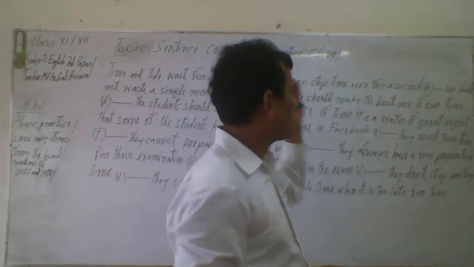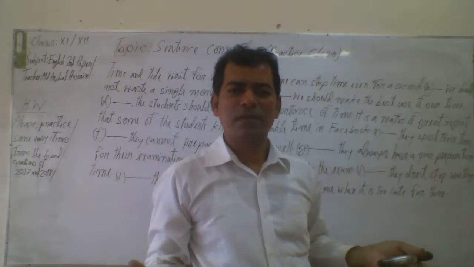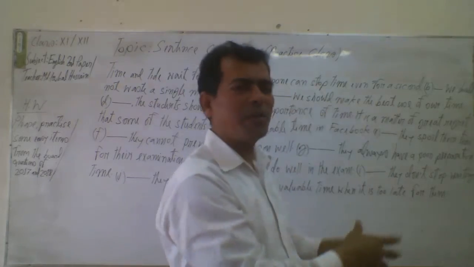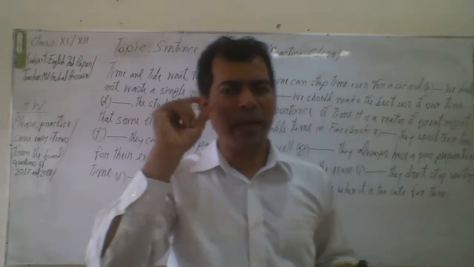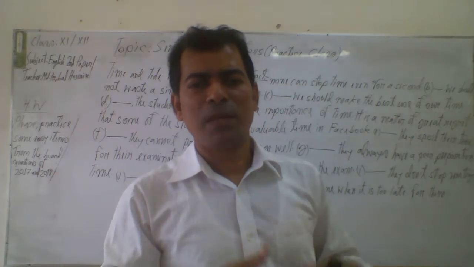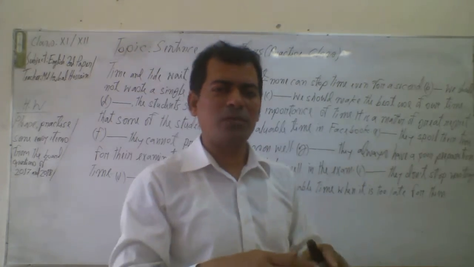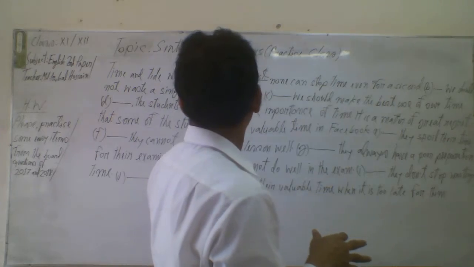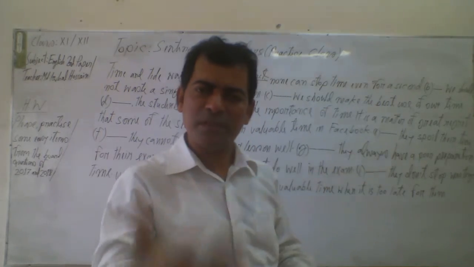Now in the second space, B, what connectors can you use? The situation demands here, for this reason, or so. Your brain automatically supplies these. Therefore, for this reason, we should not waste our time, because we cannot stop time even for a second.